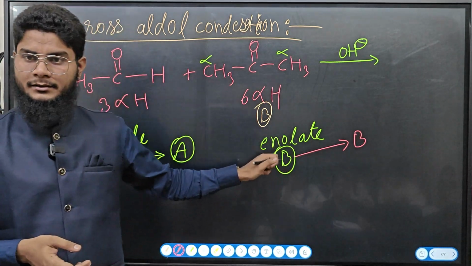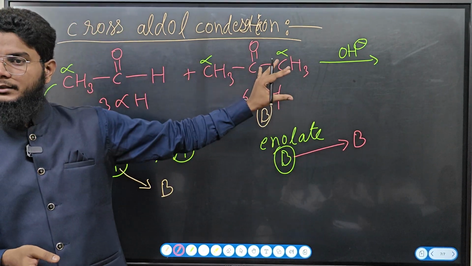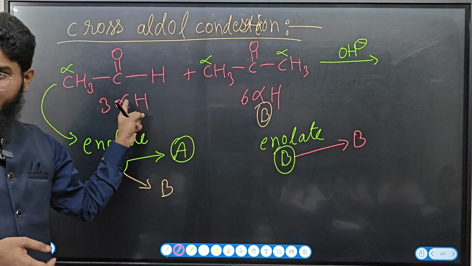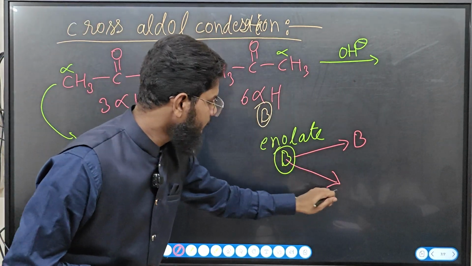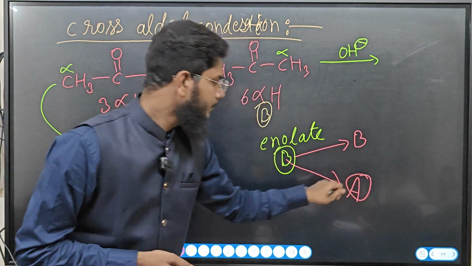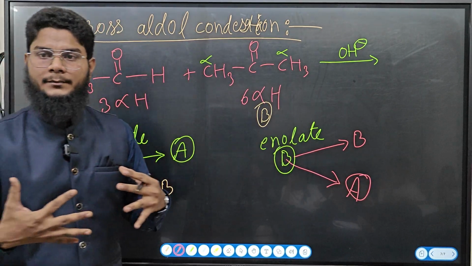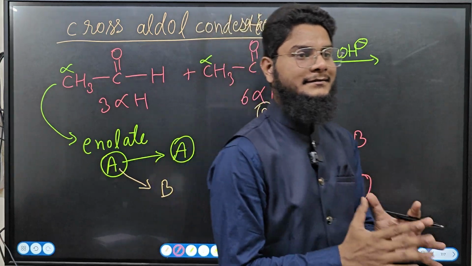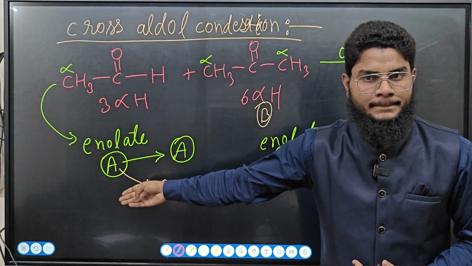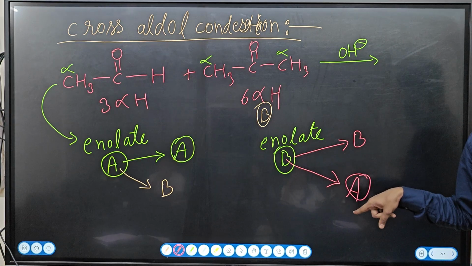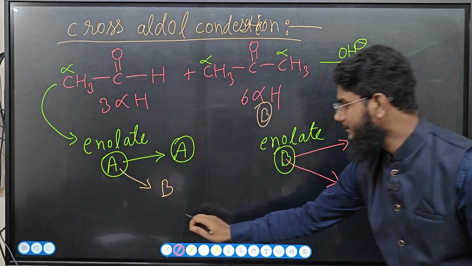This B, this whole molecule after formation of enolate ion, can react with A. So there is one more possibility, right? So the total number of products: your A is giving how many products? 2. B is giving how many products? 2.